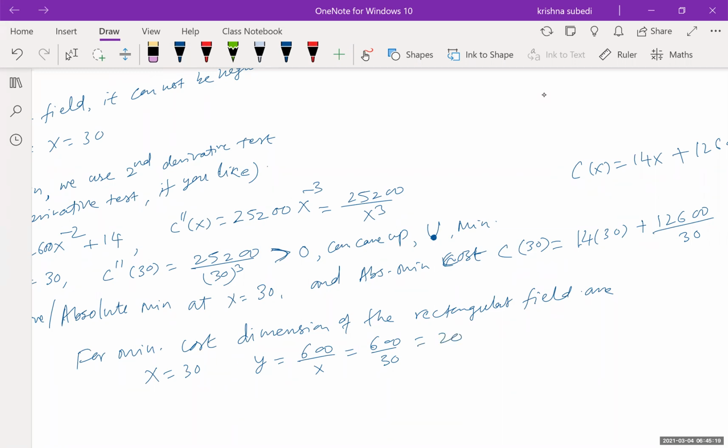Don't forget to write the unit, okay? This x is in feet and y also is in feet. So 30 feet and 20 feet will be the dimensions that will minimize the cost. We'll continue this later. If you have any question, please let me know.